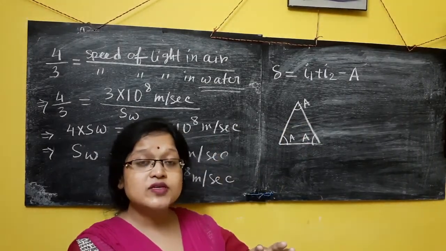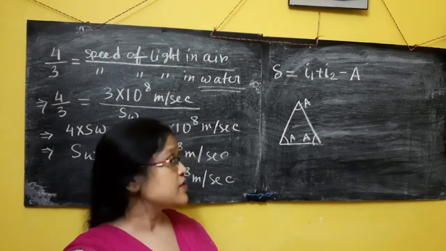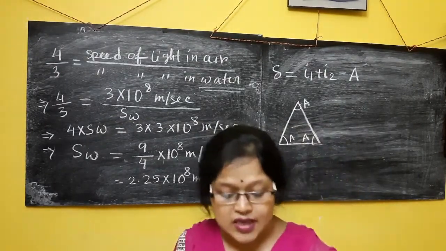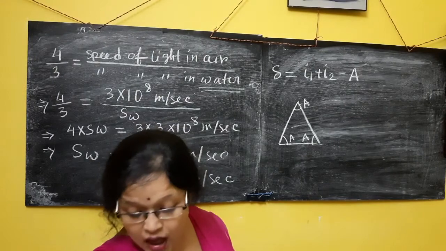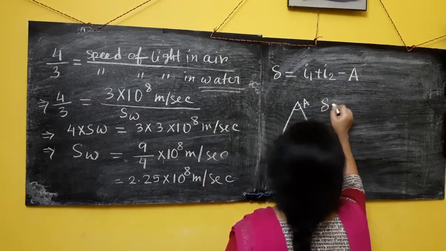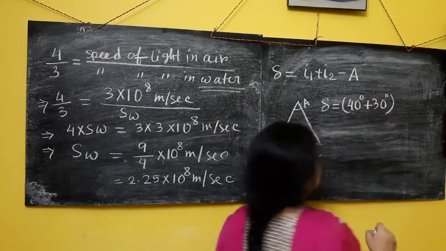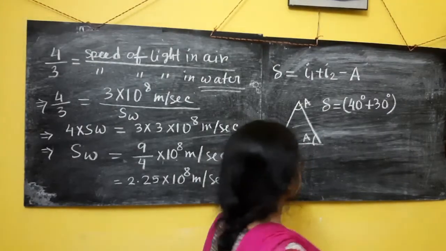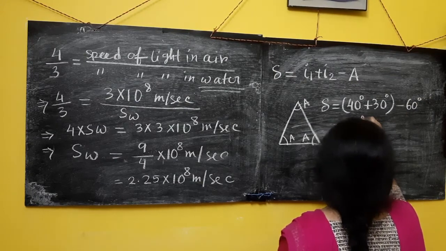If it is an equilateral prism, all the angles are the same. Otherwise, there should be a specification of what the angle of prism is. Since the hint given here is that it is an equilateral prism, the angle is obviously 60 degrees. Now I1 is given as 40 degrees and I2 as 30 degrees. So the angle of deviation will be 40 degrees plus 30 degrees minus the angle of prism, which is 60 degrees because all the sides are the same.